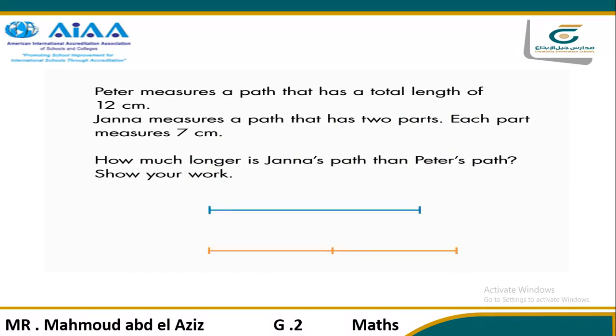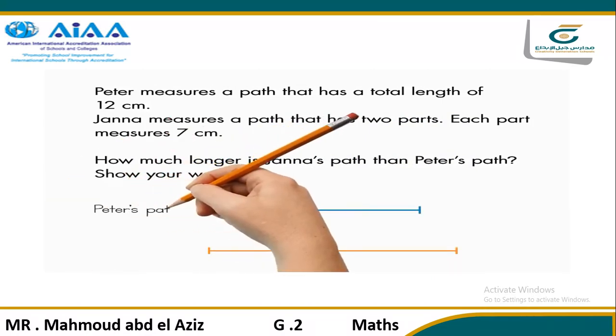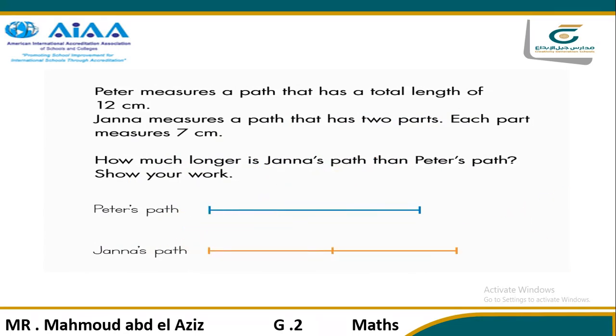Have these students draw a picture of each path described in the problem and label the paths with the measurements. The total length of Peter's path is given. The length of each of the two parts of Jana's path is given. Then, have them find the total length of Jana's path, 14 centimeters. These students are now prepared to subtract to compare the length of Jana's path and Peter's path.